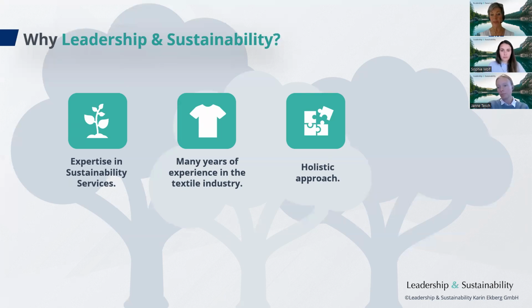We spend many hours, many days every year in the factories, and we have a lot of both environmental and social experts who are working in the factories on a daily basis.